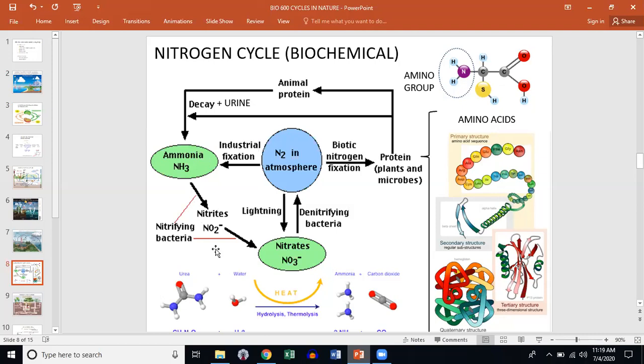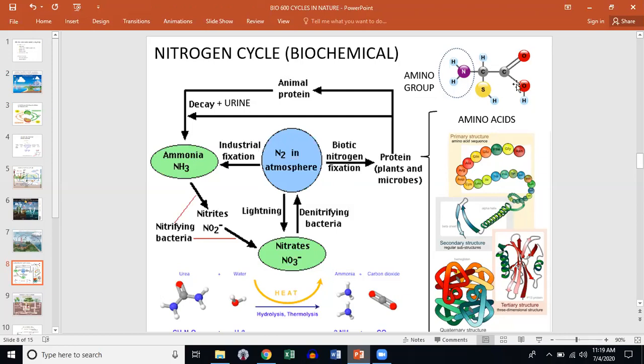And in the soil, bacteria called nitrifying bacteria turn ammonia into nitrates, first nitrites and then nitrates, and then the nitrates can be absorbed by plants. Some of it goes back into the atmosphere, others are absorbed by plants, nitrogen fixing bacteria, and they form the building blocks of proteins, which are known as amino acids. All right, so let's look at amino acids.